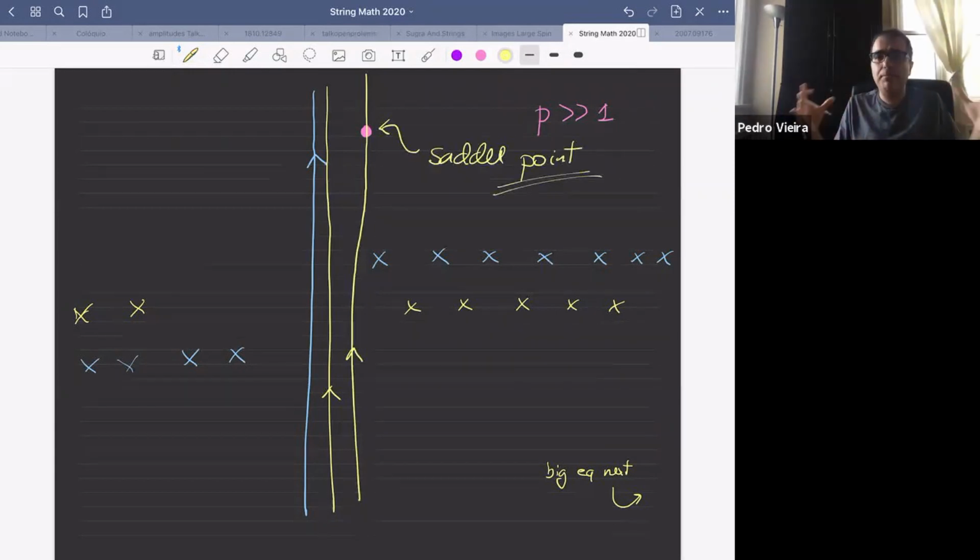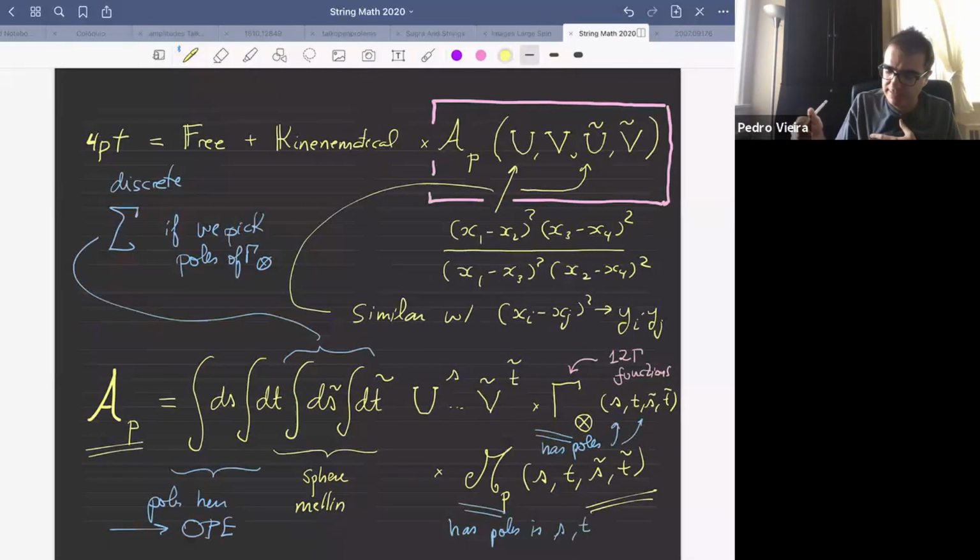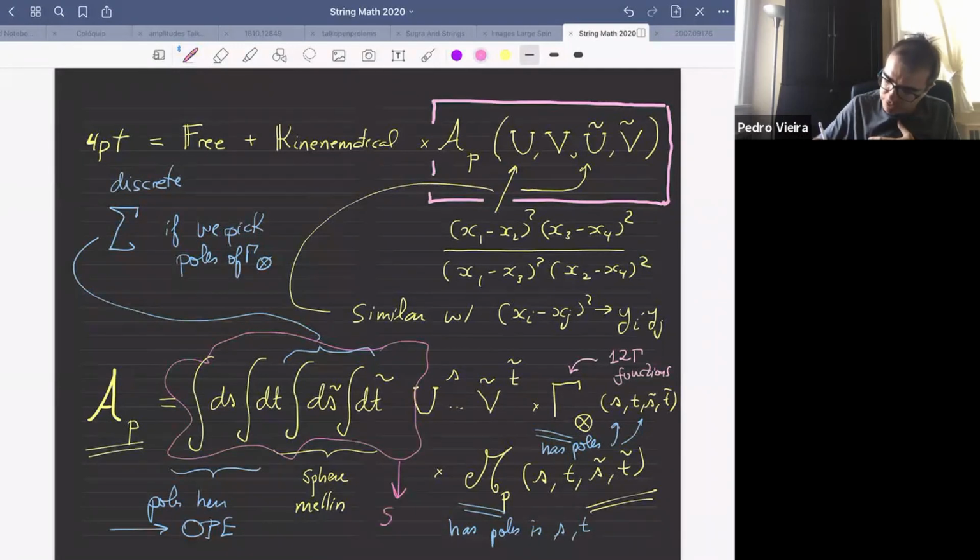And then your amplitude will be dominated by the value around this saddle point. And then it will simplify dramatically this expression because all these integrals here will become totally localized by their saddle point expression.